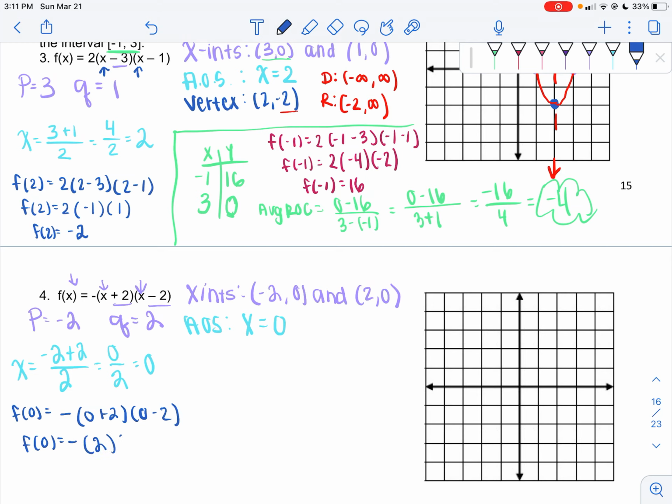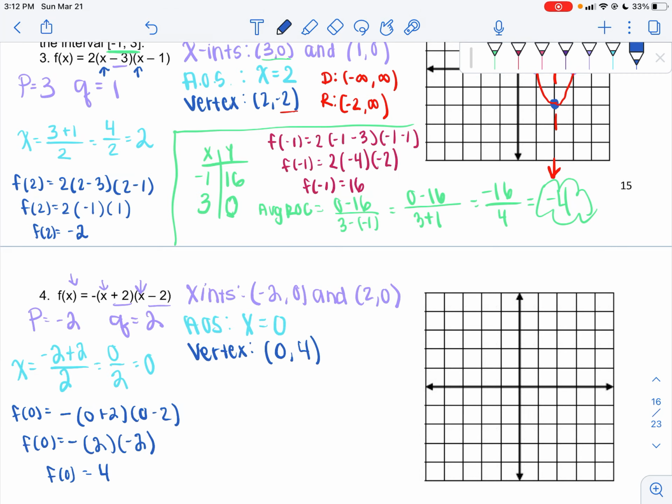So 2, and then -2. So now we're going to multiply those three numbers together. So -1 is in front there, times 2 is -2. -2 times -2 gives us +4. So our vertex is over 0, up 4.